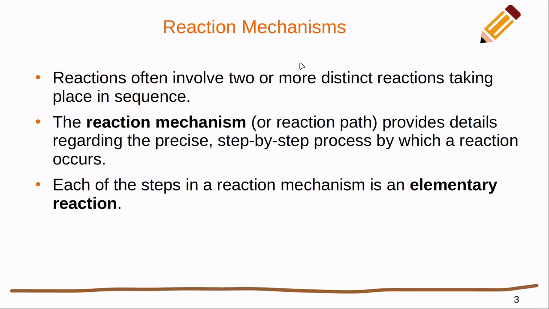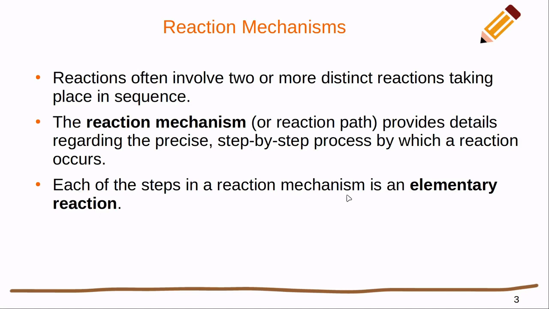We don't know how it got from one to the other, and typically there's going to be more than one pathway you could imagine for getting from a specific reactant to a specific product. But a reaction mechanism provides details regarding the precise step-by-step process by which a reaction occurs. Which bonds were broken, which ones were formed.